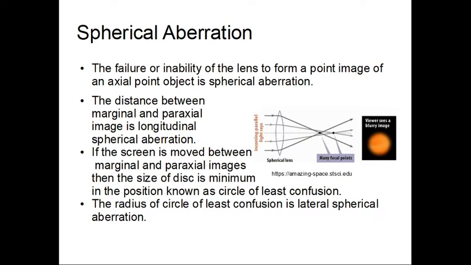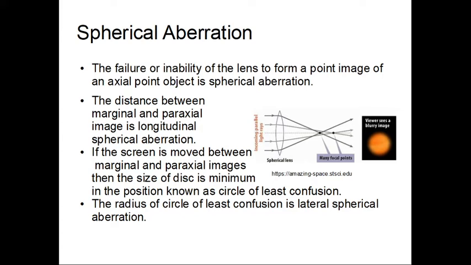When we see the picture of spherical aberration, the rays near the principal axis are the paraxial rays, and the rays far away from the principal axis are the marginal rays. For these we get a marginal image and a paraxial image. The distance between the marginal and paraxial images is the longitudinal spherical aberration.